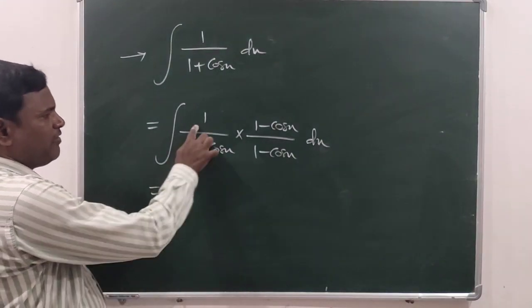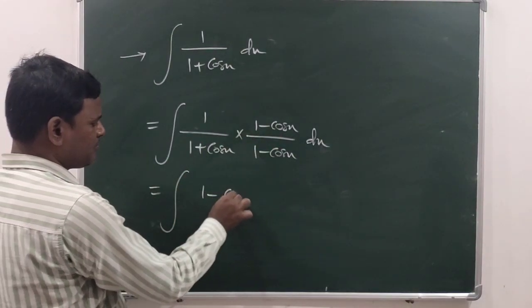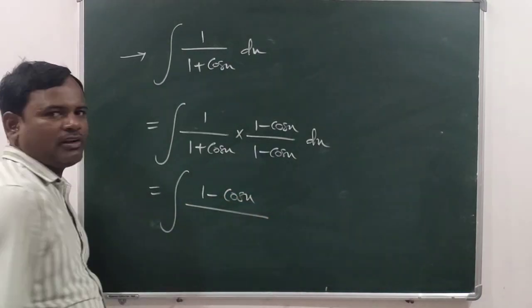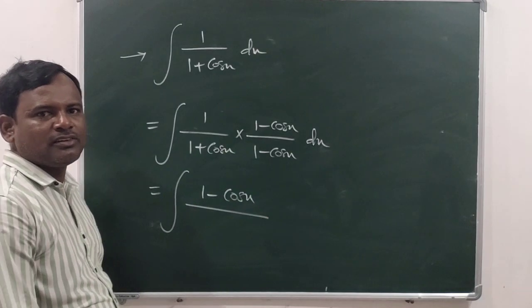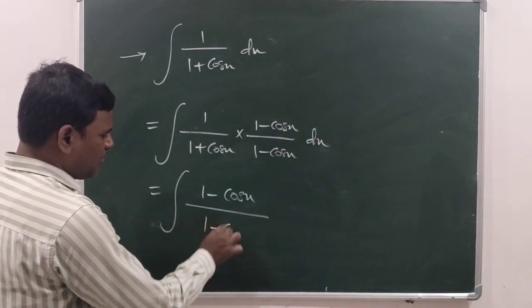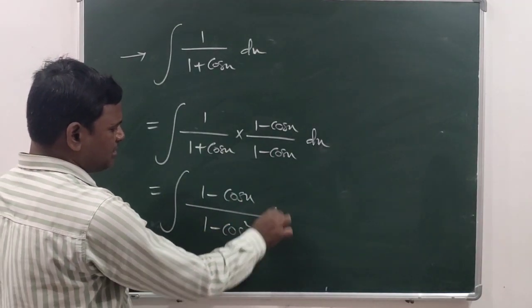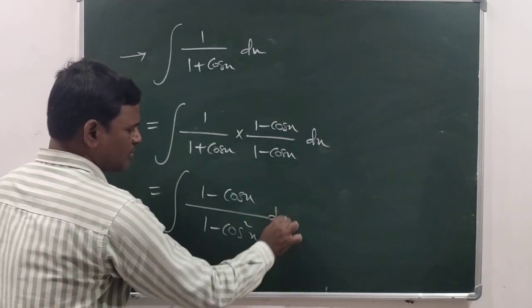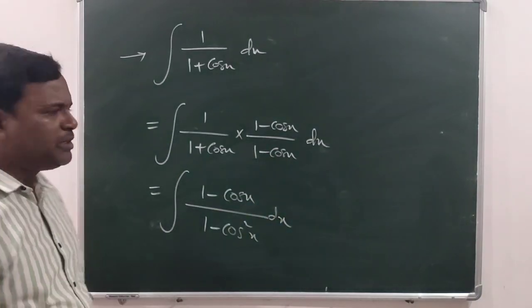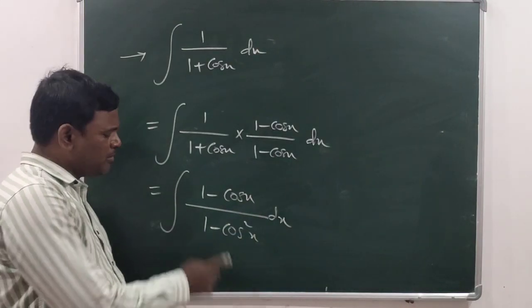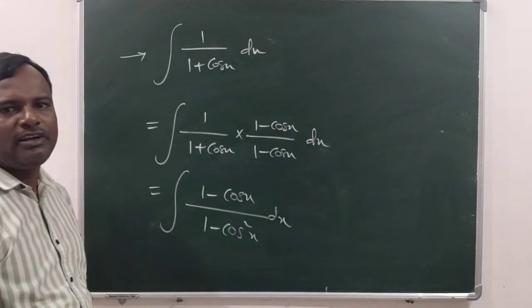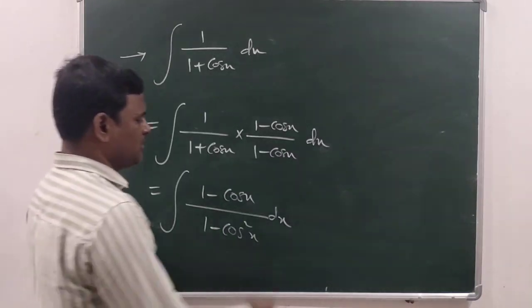Now, integral of 1 into 1 minus cos x over 1 plus cos x into 1 minus cos x can be written as 1 minus cos square x dx. Are you getting me, students? Now a plus b into a minus b can be written as a square minus b square. But you know 1 minus cos square x is equivalent to sin square x.